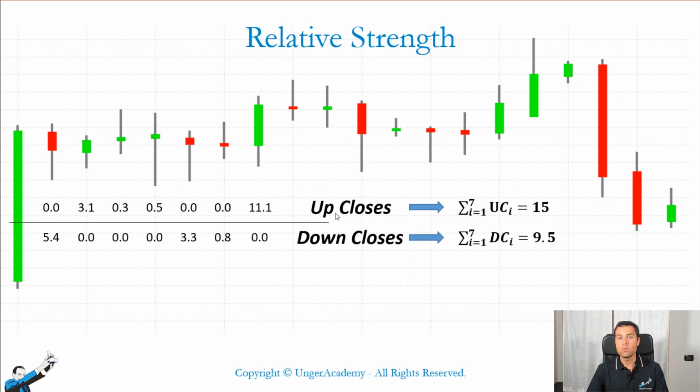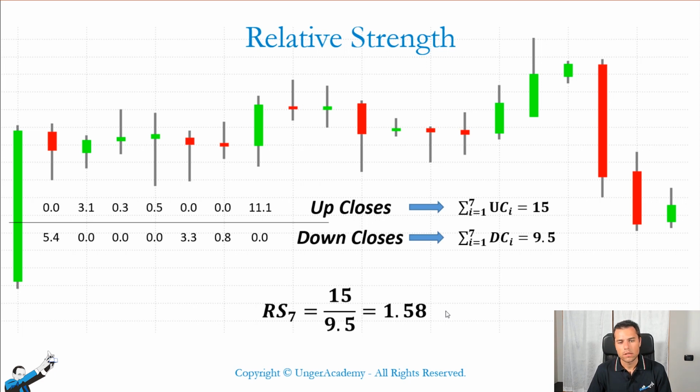The sum of the down closes is instead 9.5. In our case, since we are considering 7 bars, the relative strength is written as RS7 and is calculated by dividing 15 by 9.5, which makes 1.58.